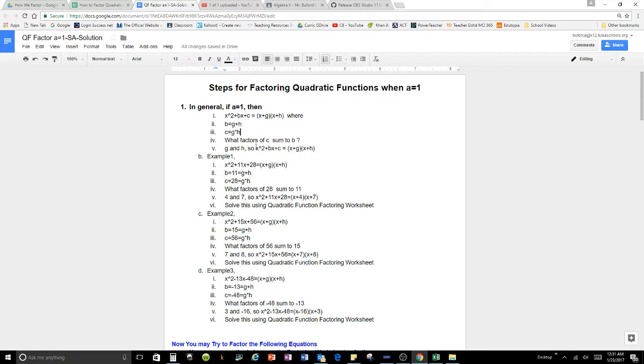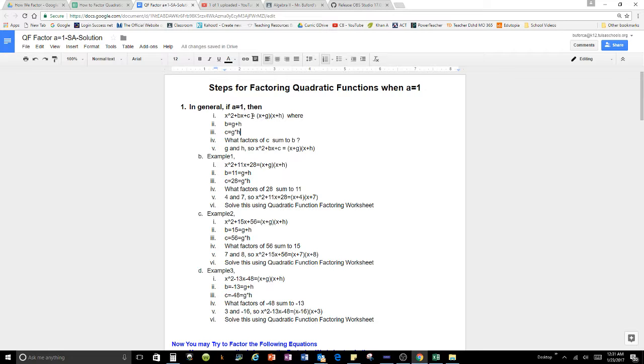And that's pretty much what we need to do, because our goal is to break this quadratic function up into two binomial expressions, such that when you multiply them together, they'll give you back this quadratic function. But to find these binomials, we need to find g and h. And again, the way that we find g and h is through this criteria.